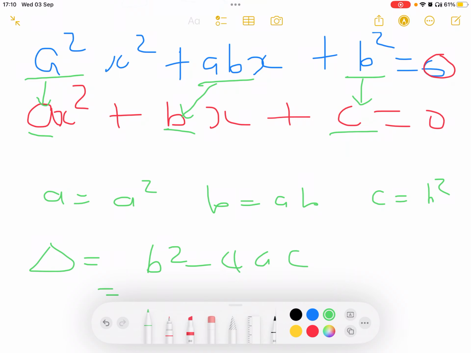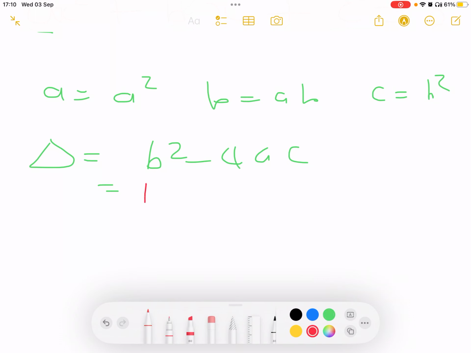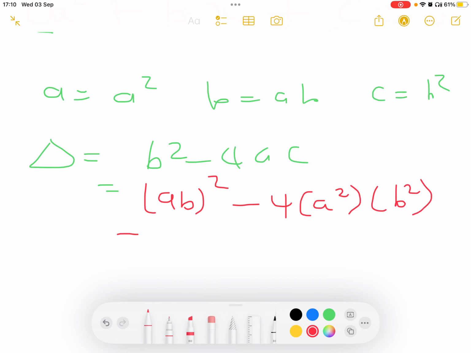Then we substitute. When we substitute, we get ab squared minus 4 times a squared and b squared. What do we get for this? We get a squared b squared minus 4 a squared b squared.